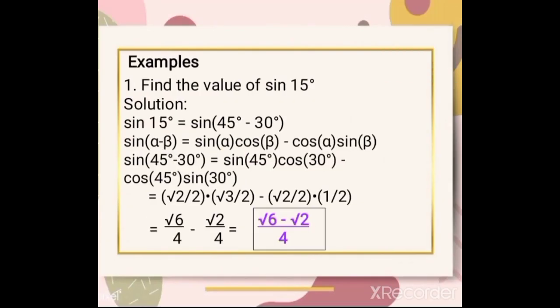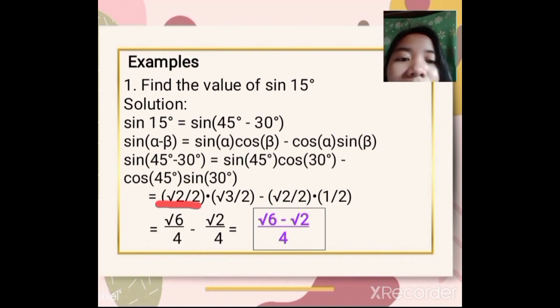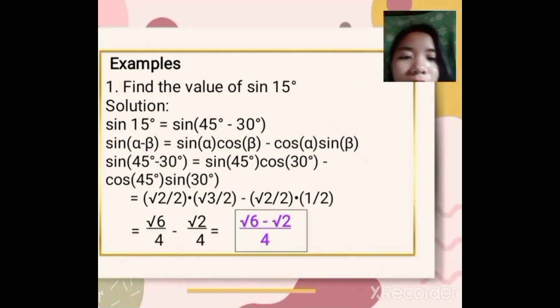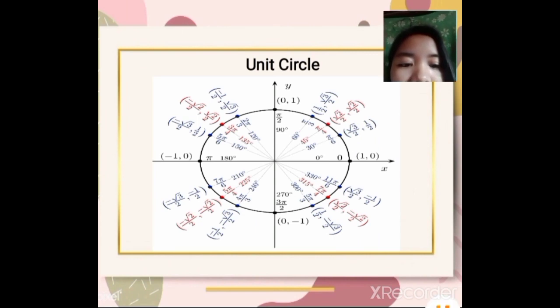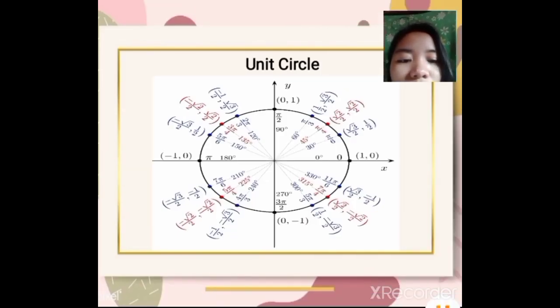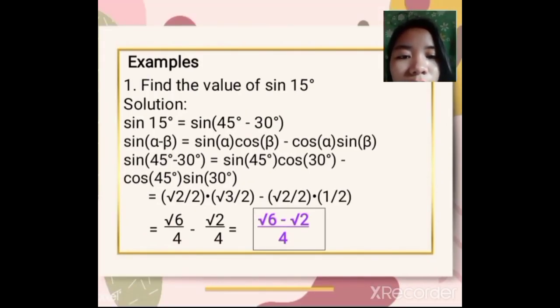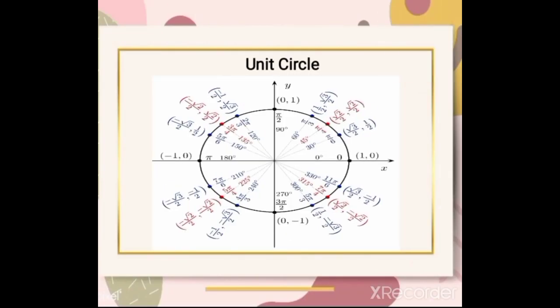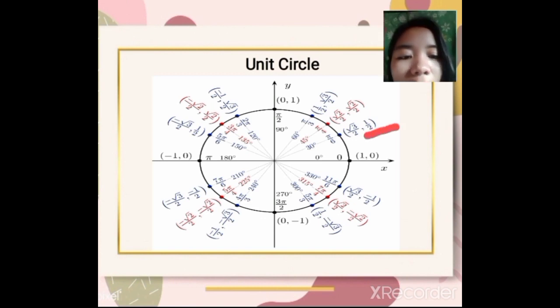So we have here the square root of 2 over 2 times the cos 30, the cos 30 is square root of 3 over 2, minus the cos 45, which is square root of 2 over 2, times the sine 30, which is equal to 1/2.